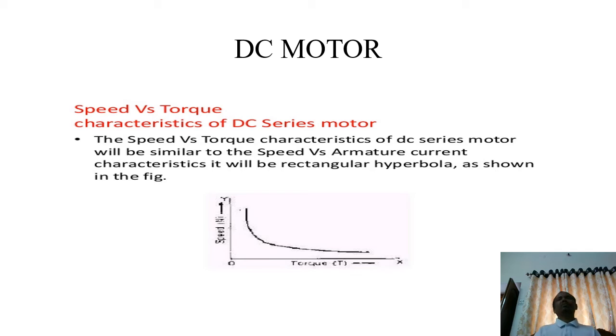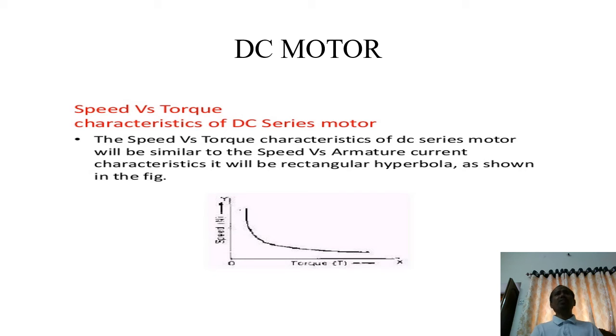Next condition. We know the back EMF induced in the armature of a DC motor: Eb is equal to phi Z N by 60 times P by A. So N is equal to Eb by phi.